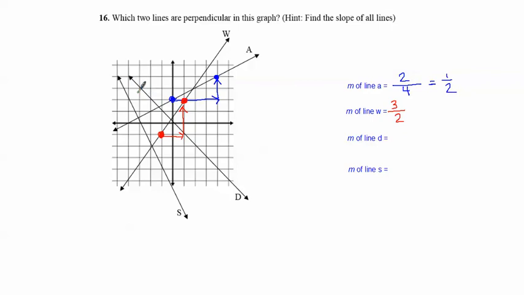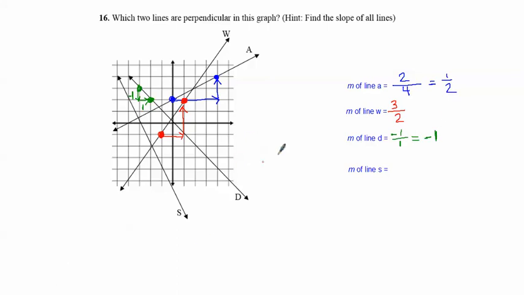Slope of line D, let's find 2 good points on line D. Here's one and here's another one. The rise over run triangle here is -1, because now I'm going down, over +1, because I'm going right. So -1 over +1, that just simplifies to -1.